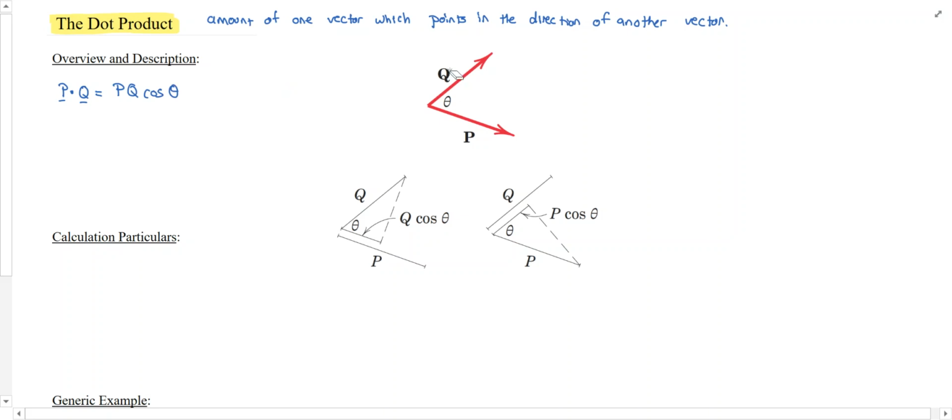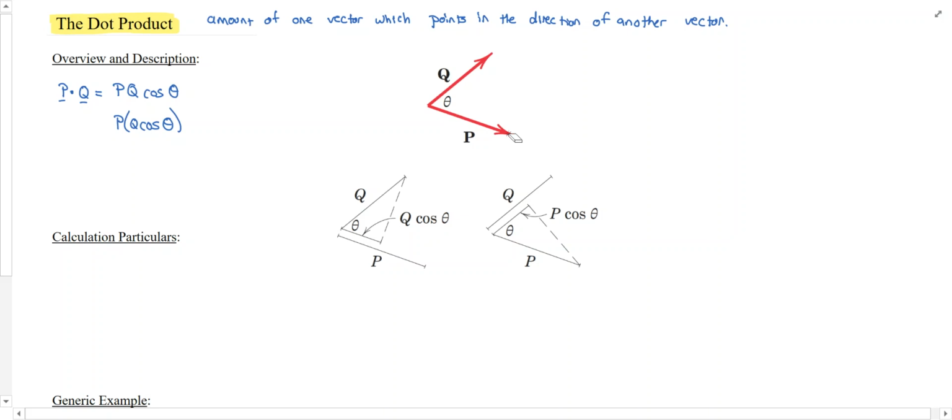And so if you were to look at this, you can almost view this as taking the magnitude of P and then multiplying it by the amount of Q that points in the direction of P. Well, if the angle between them is theta, then the amount of Q in the direction of P, if you were to drop a perpendicular down to form sort of a right triangle here, then Q cosine theta would be this little piece. And so you can think of it as, well, I'll take the part of Q in the direction of P and multiply them.